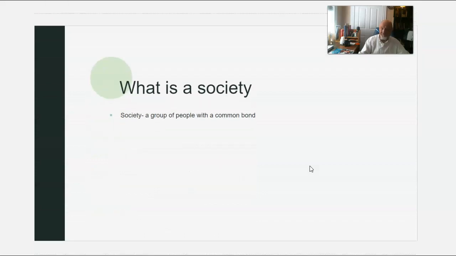So a society is basically a group of people with a common bond. Now, common bond doesn't mean agreement. You often hear in contemporary conversation, well, society looks like it's going to fly apart. That's because there's less consensus about what society is, what the common bonds are.